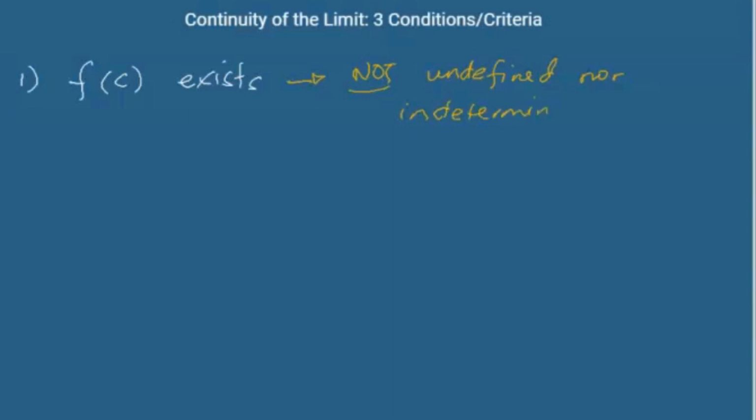We normally see this with a rational function, where we check that the denominator is not 0. If the denominator becomes 0, then it's undefined, or indeterminate, so the function does not exist.